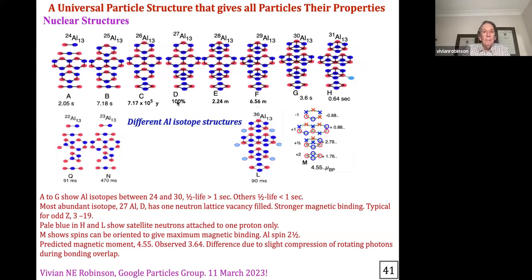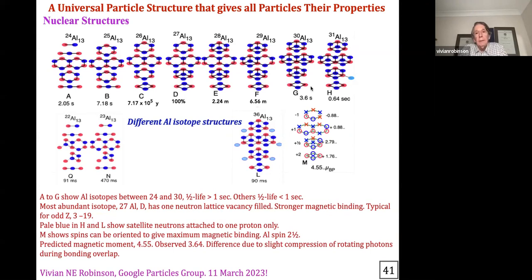The most abundant isotope, Al27, has one of its neutron lattice vacancy positions filled, and the reason for that is that an even number of neutrons gives stronger binding than an odd number of neutrons, just because there's one extra loop formed.